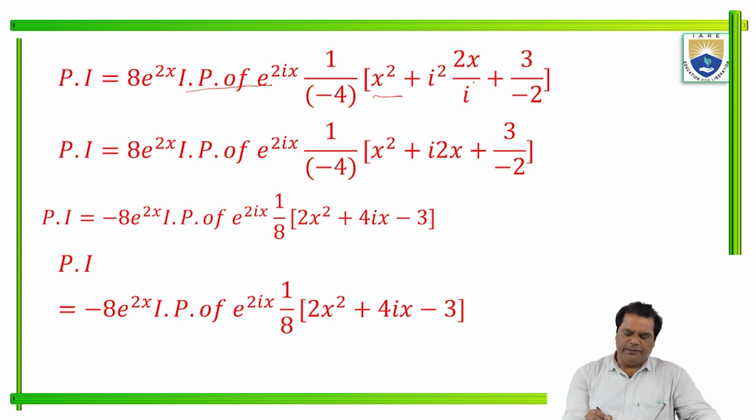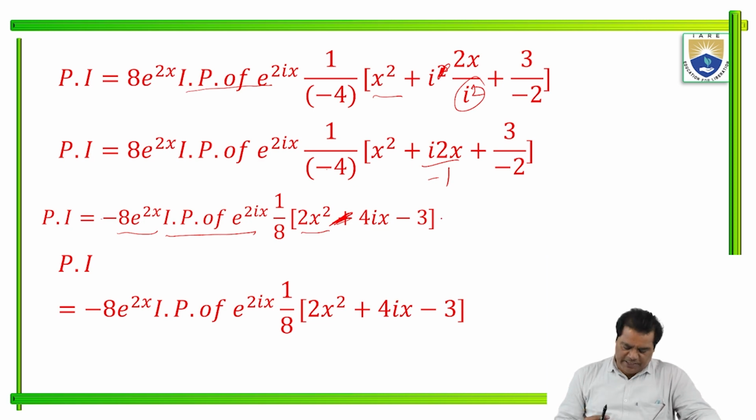Multiply by i, this i square is minus 1. So this sign is the minus 1 sign. So this equals minus sign taking out, the imaginary part of e to the power 2ix times 1 upon 8, 2x square, and this sign is minus.